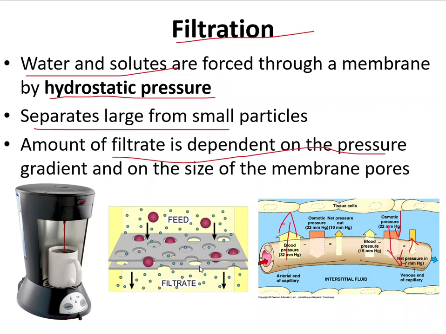So in our kidneys, we talk about this in anatomy and physiology too. Our kidneys have filtration slits that are too big for the cells in our blood or for the big proteins to go out. But it is small enough for all the waste products.